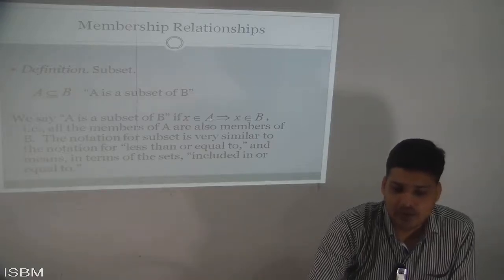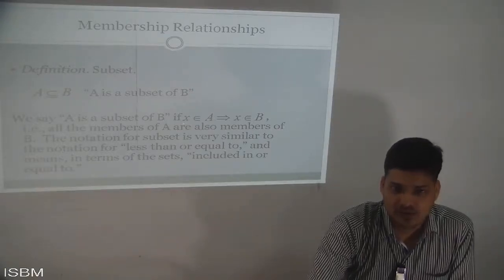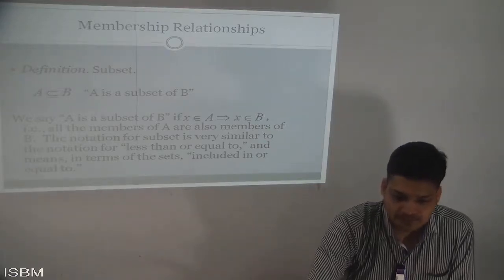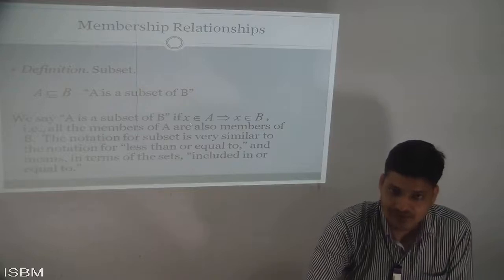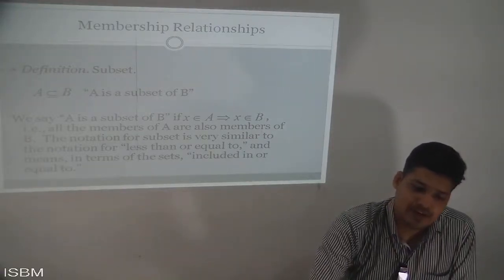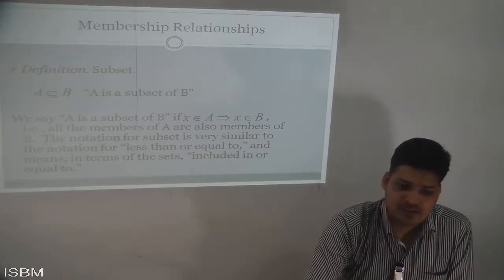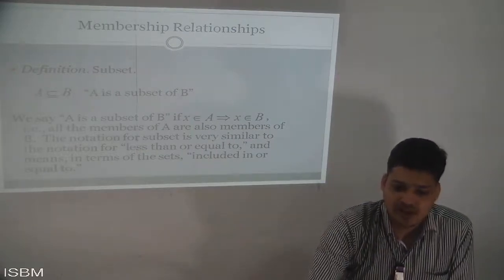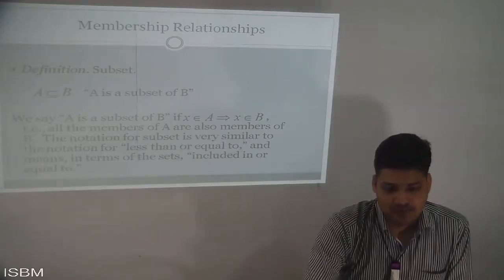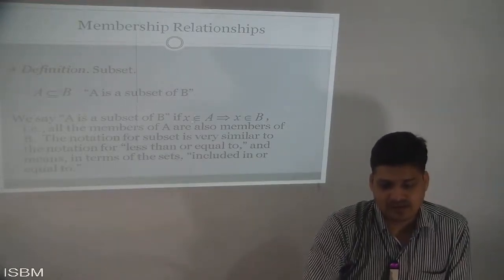Suppose x is equal to 1. If 1 belongs to A and the same 1 belongs to B, then 1 is a member of A as well as B. So all the members of A are also members of B, which is very true. I will give you an example over here.